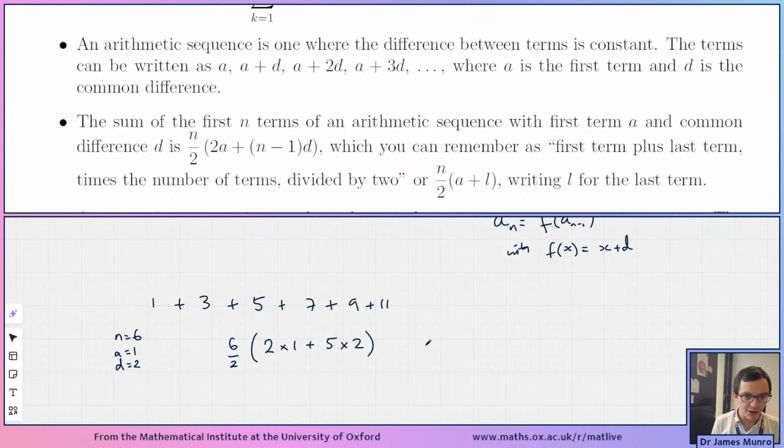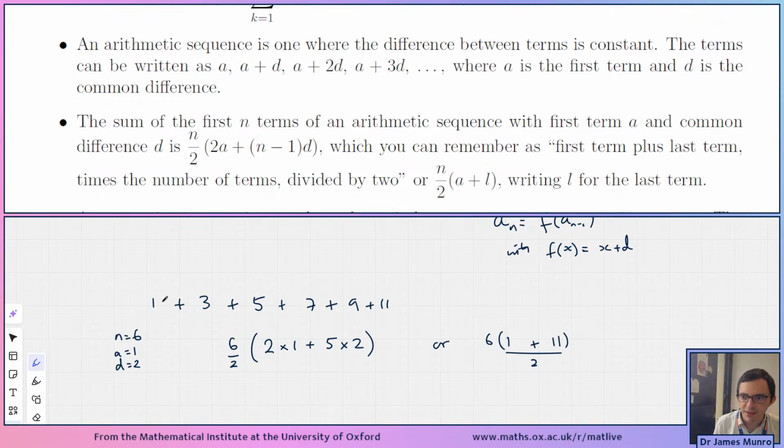Or if you prefer, a nice way to think of this is that it's the first term plus the last term times the number of terms divided by 2. Which sometimes people phrase as the average term multiplied by the number of terms. The fact that it's a common difference means that average is quite nice.